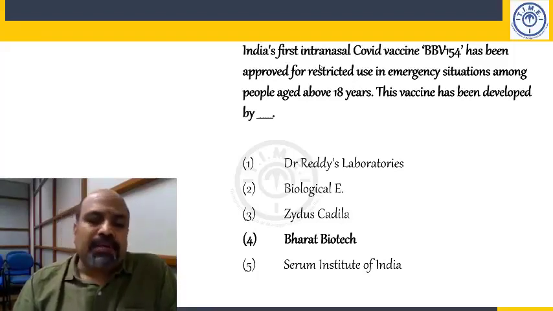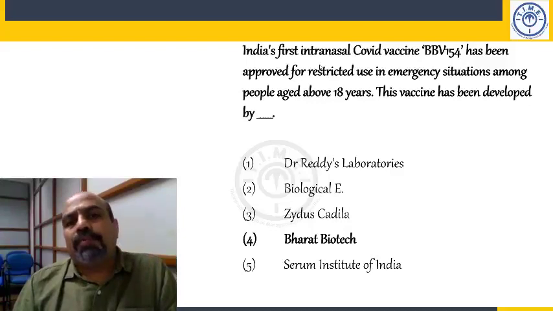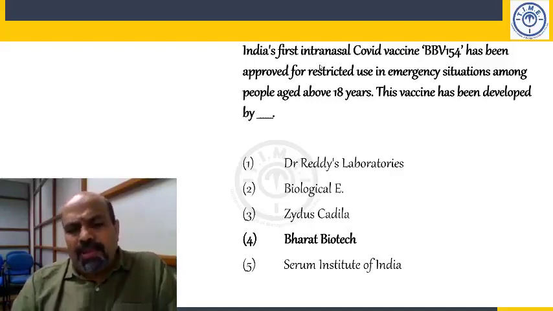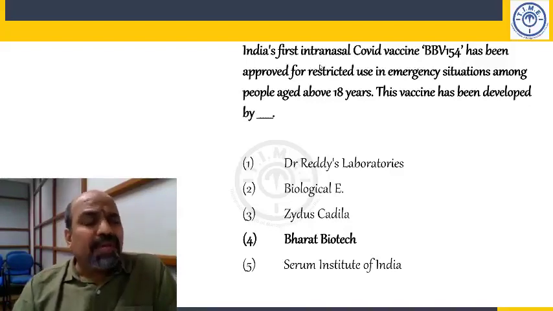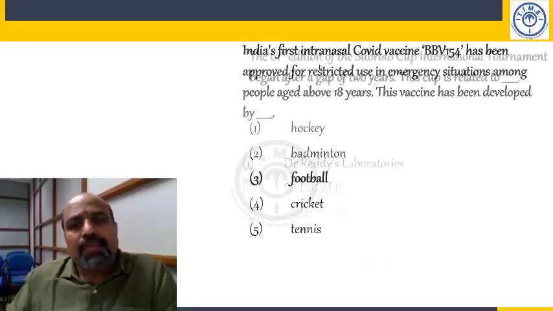Serum Institute of India is headed by Adar Poonawalla, ADAR, Poonawalla, POONAWALLA. This company is the world's biggest maker of vaccines.